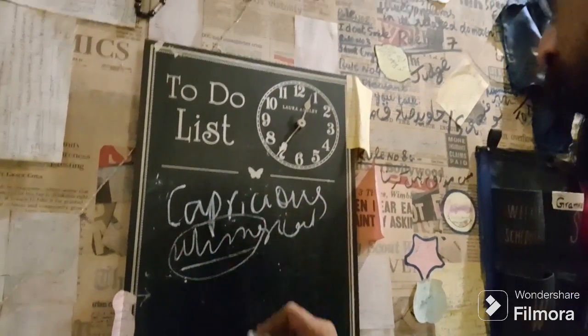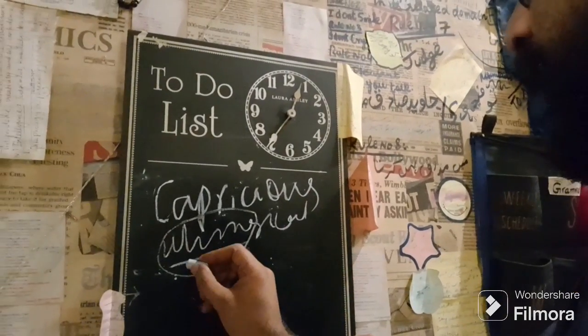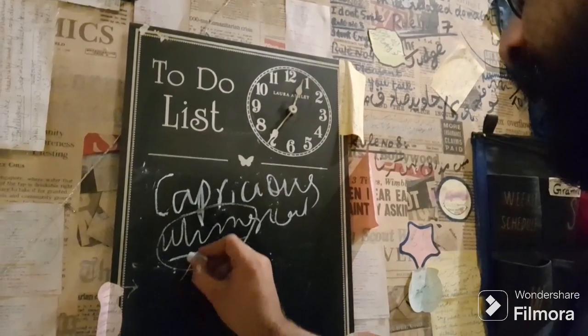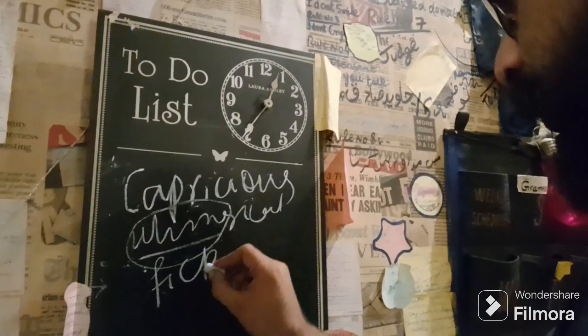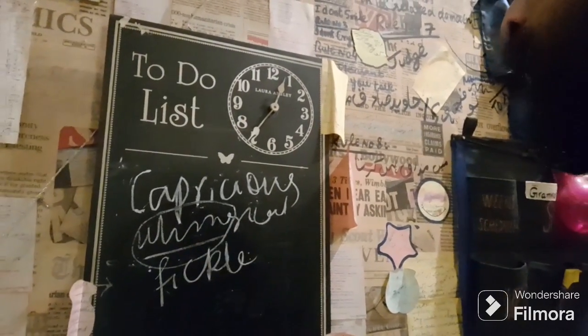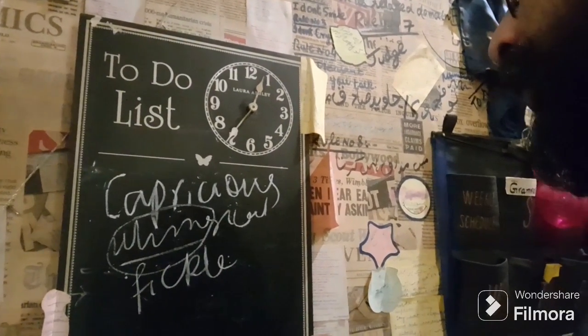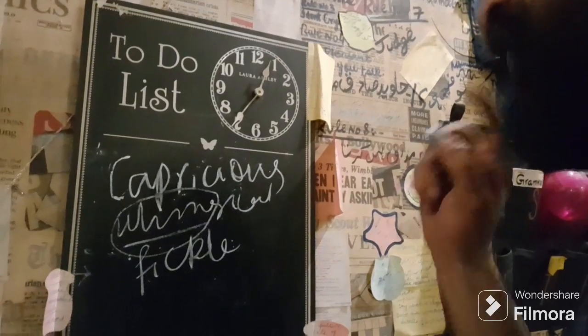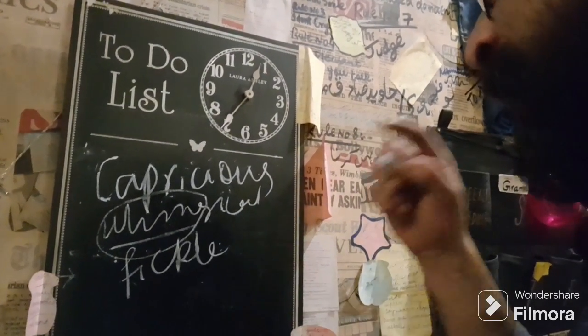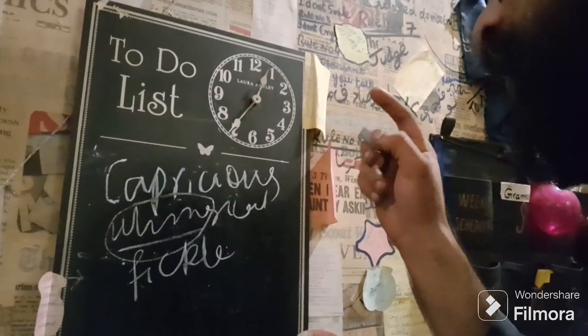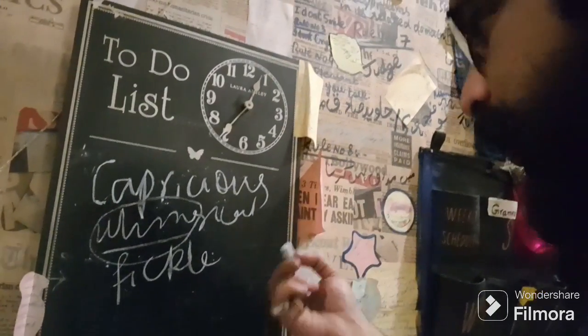Okay, whimsical. And from whimsical we have derived fickle, because if the person is a whimsical person, there is a probability that his mind gets fickle. His mind wanders, living in wanderlust.